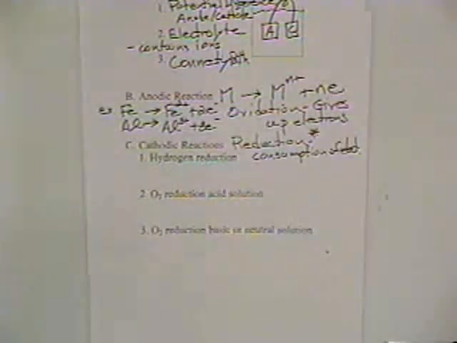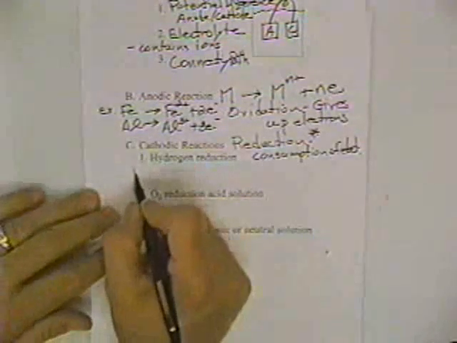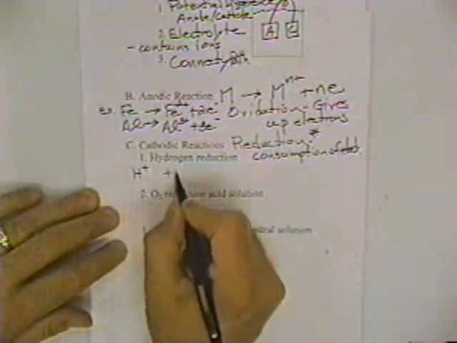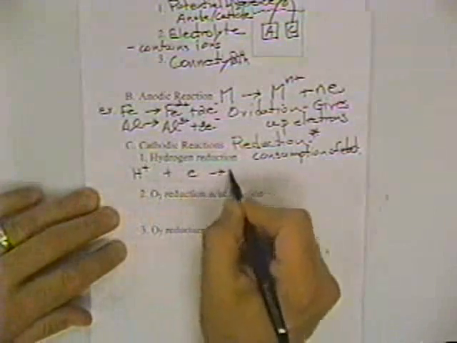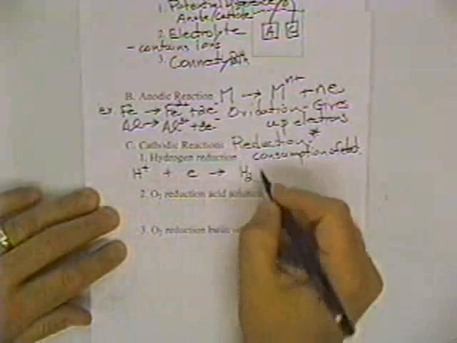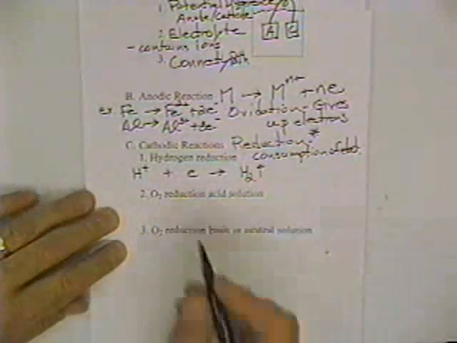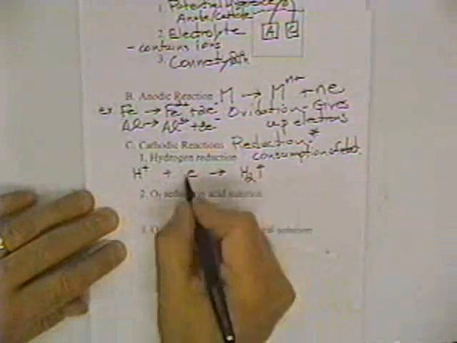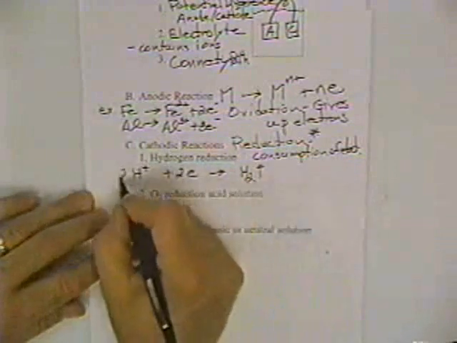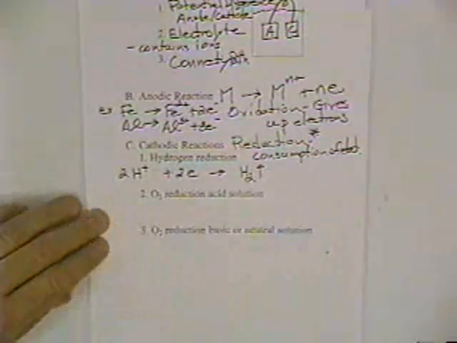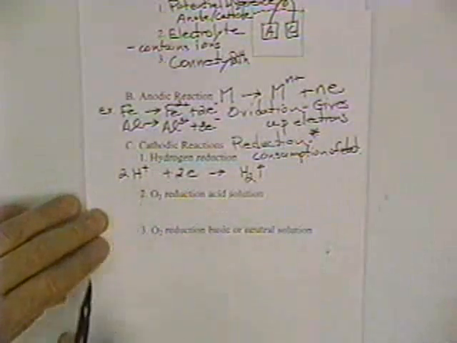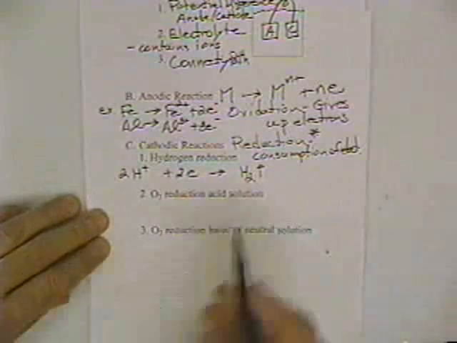The first reaction is hydrogen reduction, and if we have H+ plus an electron, that goes to H2. Often you see it with a little arrow indicating that it's going to be a gas. Now, to balance that, we need 2 electrons and 2 hydrogen. You can also write that with the hydronium ion, H3O+.